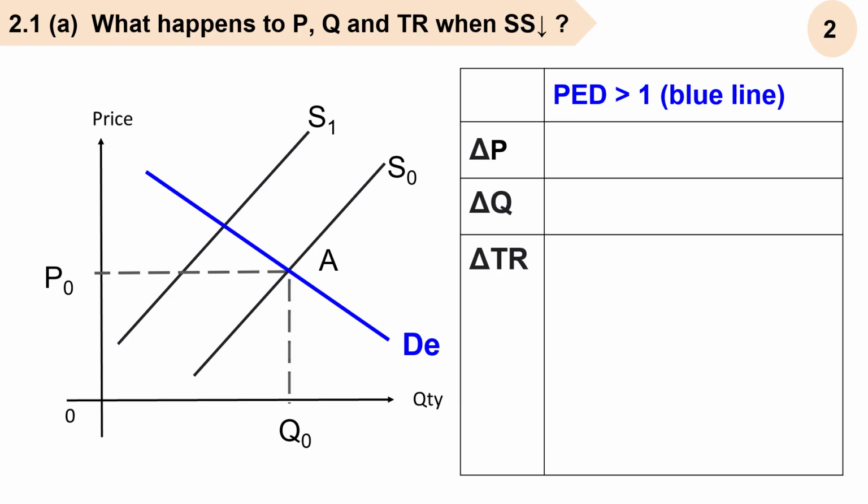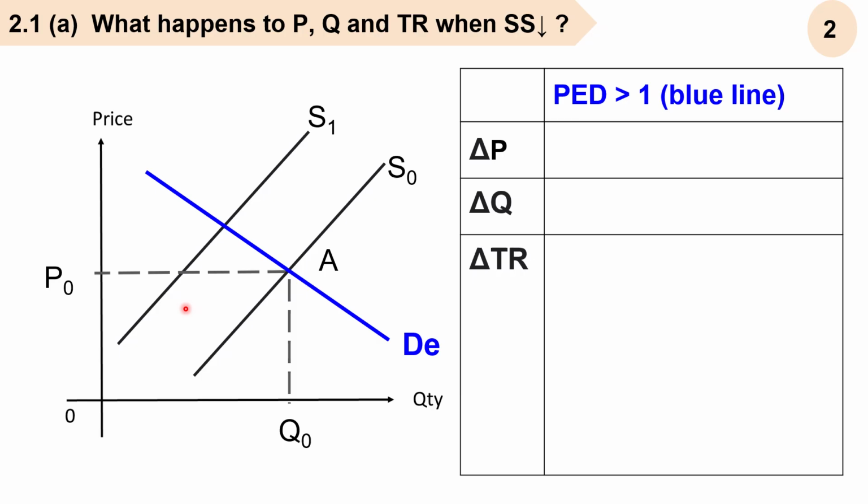So can we see that there is a shortage? My quantity demanded is over here at Q0. Quantity supplied is somewhere around here, where S1 intersects P0. So there's a shortage.